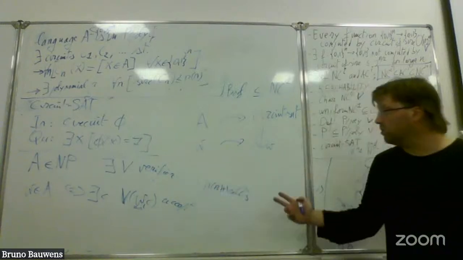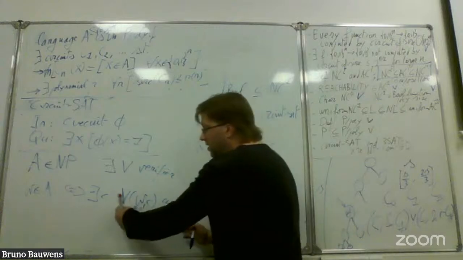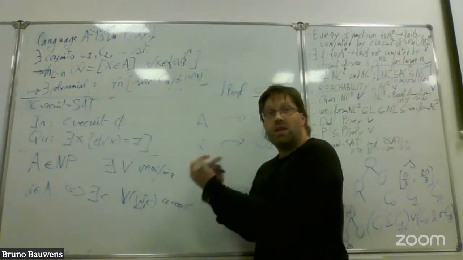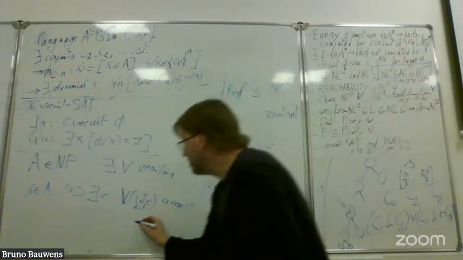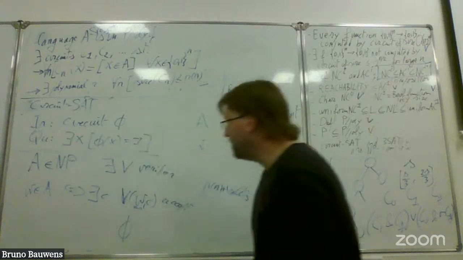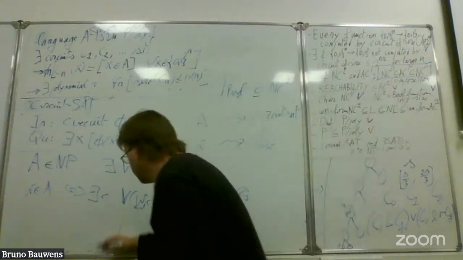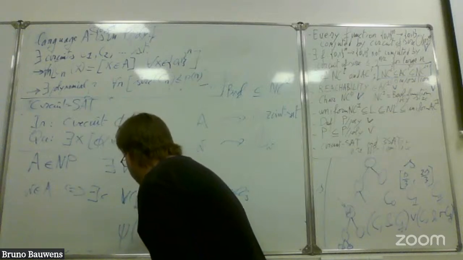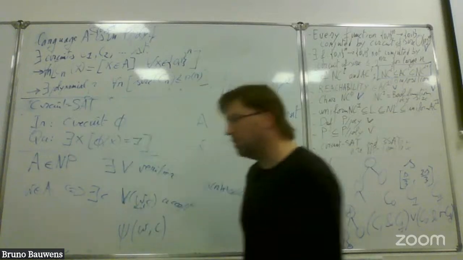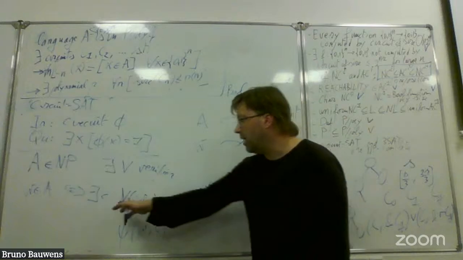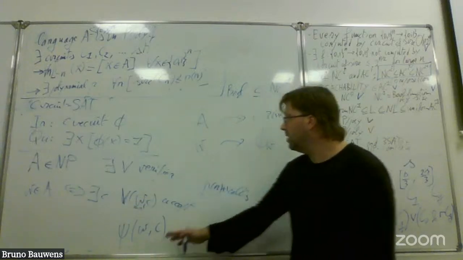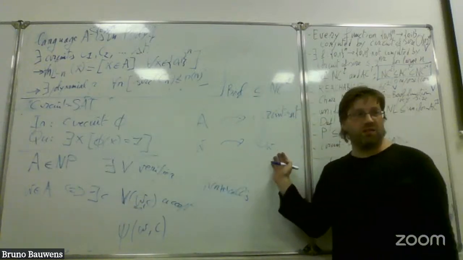We have our circuit from P/poly that simulates V. It has 2 inputs, and it's a special circuit, let's call it psi, because it takes w and C as input. We only have 1 verifier and 1 circuit, but for every w we need a different circuit.